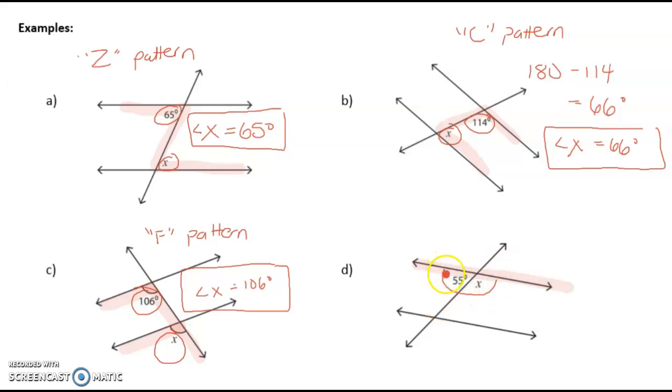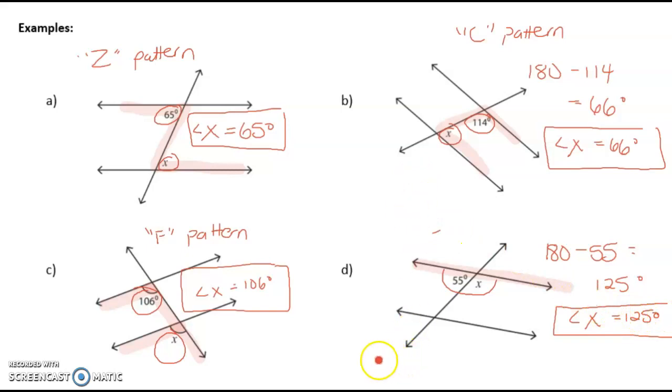So if this little chunk is 55, that means 180 minus 55 equals 125 degrees. So angle X equals 125 degrees. And this is supplementary.